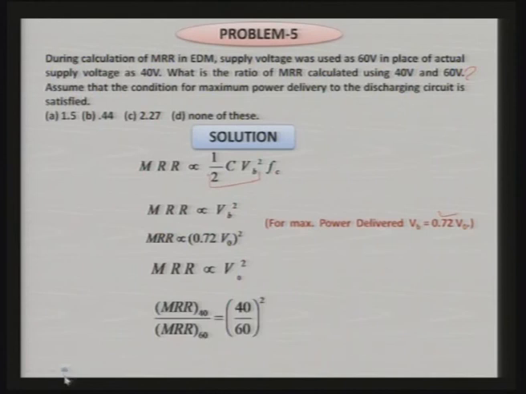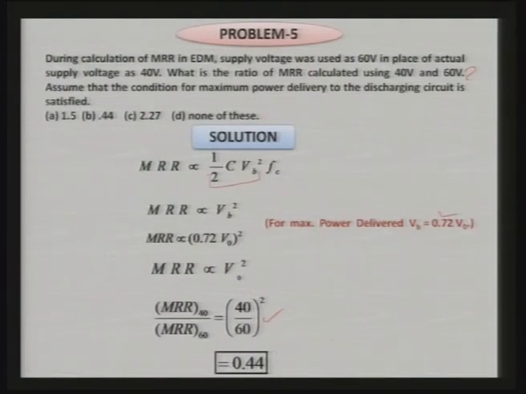So, the ratio of MRR at 40 volts and MRR at 60 volts becomes 40 divided by 60 whole square, and if you simplify it, you get 0.44 as the ratio of material removal rate at 40 volt and material removal rate at 60 volt. Here you can clearly see, as you decrease the voltage, definitely the energy contained in each spark is going to reduce, and if the energy in each spark reduces, then the volume of material removed is also going to reduce.